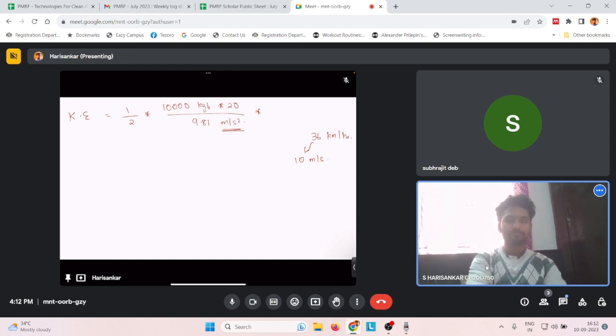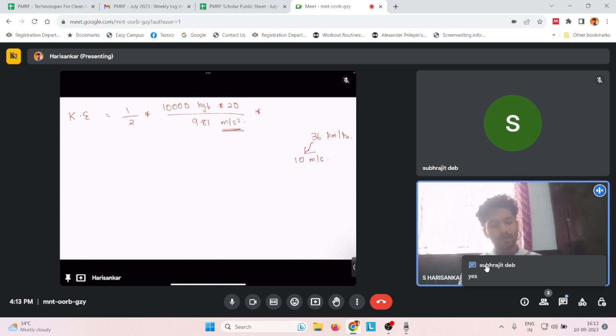Do you know how to convert this kilometer per hour into meter per second? Okay, good. So if you apply that conversion, we'll get 10 meter per second. So half m v square, so 10 meter per second square.